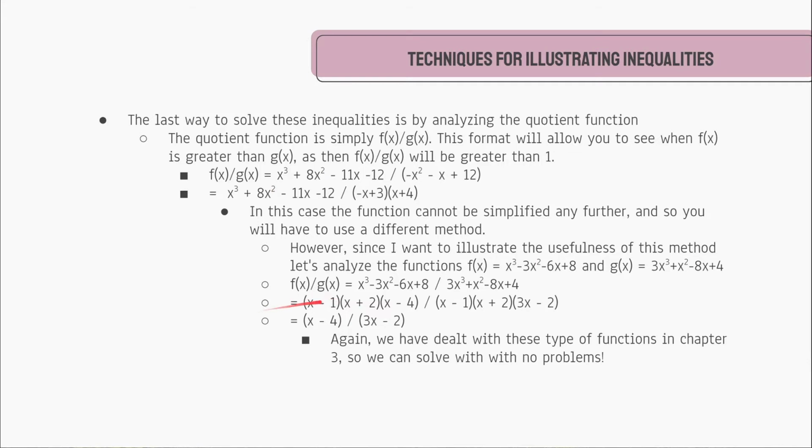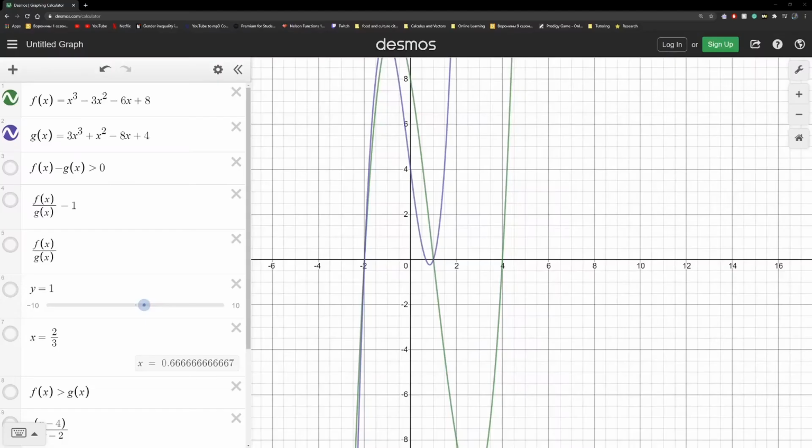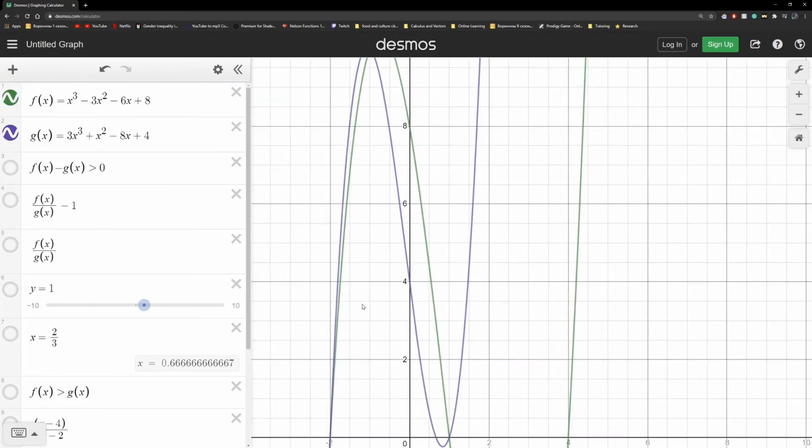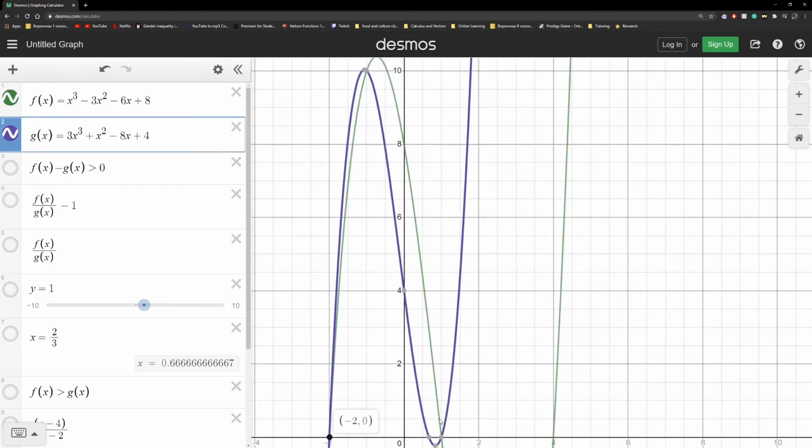If we were to plug these into a calculator, we would see the following. Okay, so here I've actually graphed the two functions. Again, we could find out where they intersect and then try to understand what function is greater than the other.